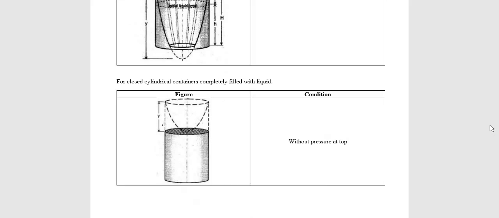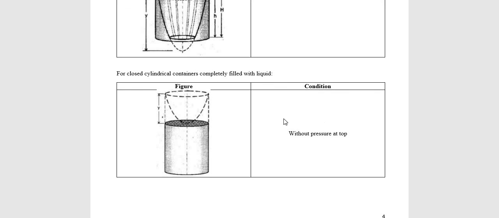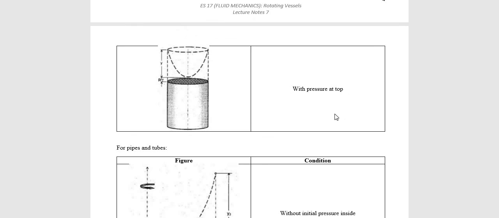Pero kapag close yung cylinder or yung container natin, ito yung conditions. Ito yung mukha, kapag close yung container, there is no pressure at top. Next, with pressure at top, kapag may pressure head remaining or pressure over gamma na remaining.